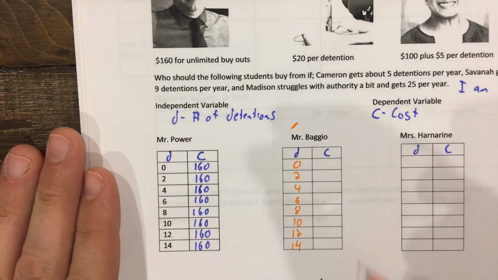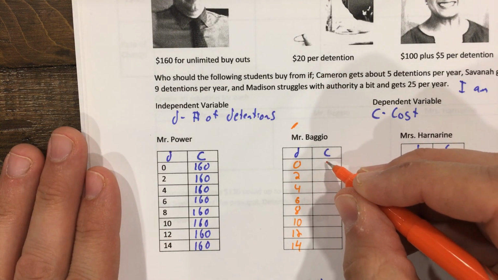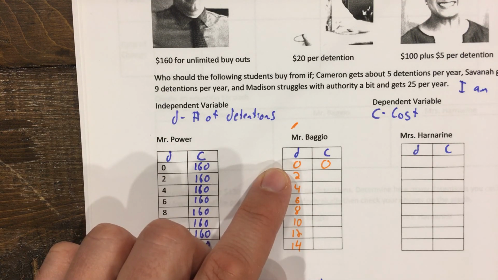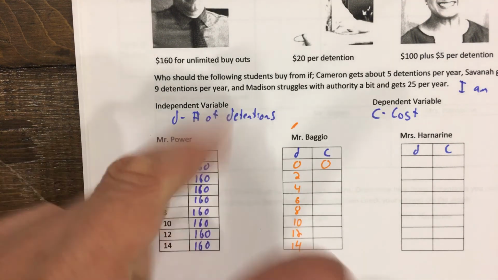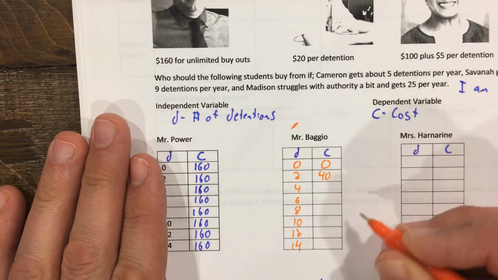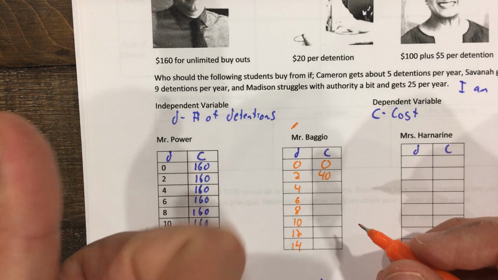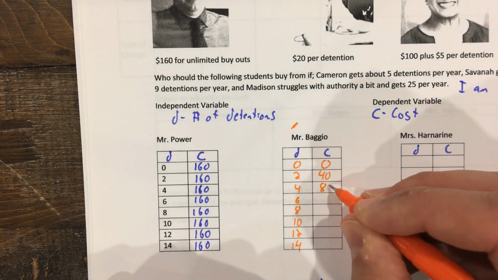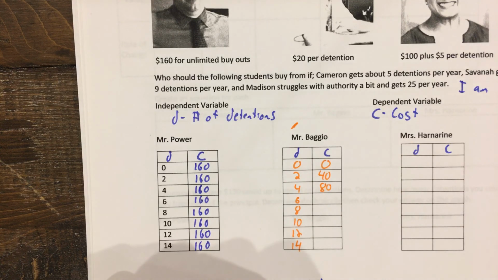Therefore, if you get 0 detentions, you owe $0. If you get 2 detentions, well, you would pay 20 for one and 20 for the other. 20 and 20 make $40. If you get 4 detentions, 20, 20, 20, 20, you're going to end up paying $80. And do you see the first difference here?